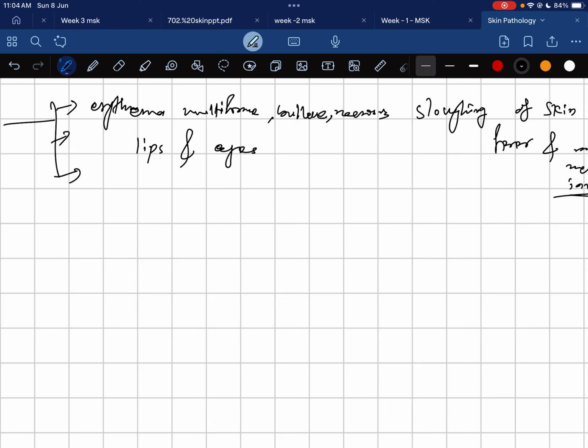And it is mostly associated with adverse drug reactions, ADR, of drugs.